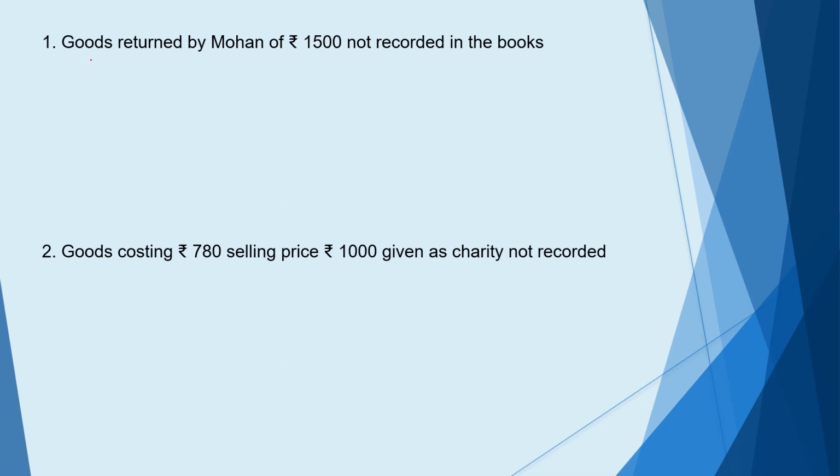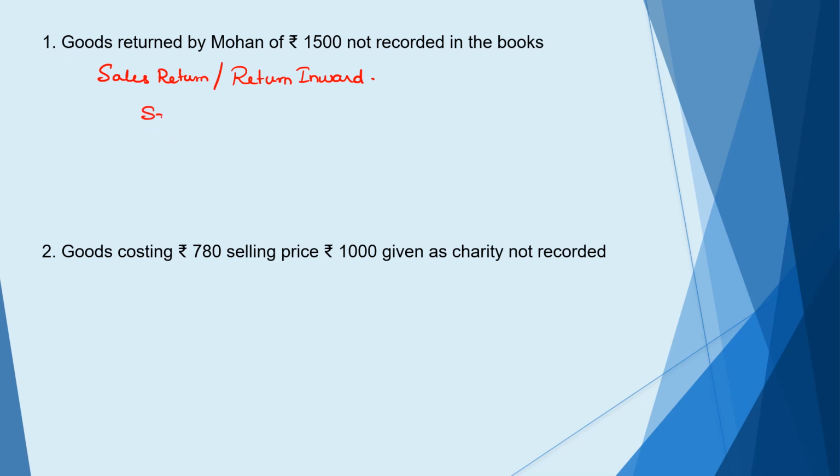The first one is goods returned by Mohan of rupees 1,500 not recorded in the books. When goods are returned by Mohan, it means we had made a sale to Mohan and now out of that he has returned some. So basically it is a sales return or a return inward. Now when there is such a return, what is the journal entry that we pass?